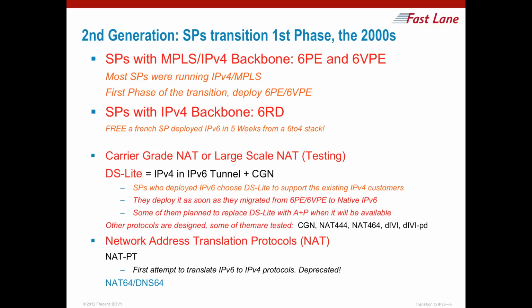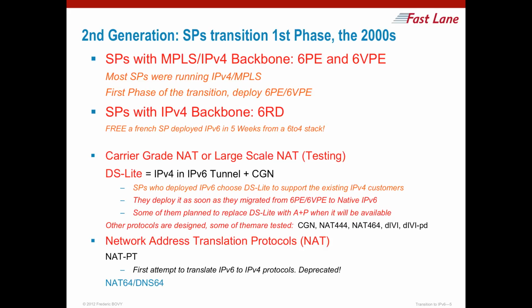NAT was successful for 20 years running at the CPE, so the idea was to run NAT in the service provider backbone, and this time it was possible to share an IP address not only among multiple computers, but among multiple customers. And we have seen many solutions based on CGN to permit this sharing of a public address among multiple customers.